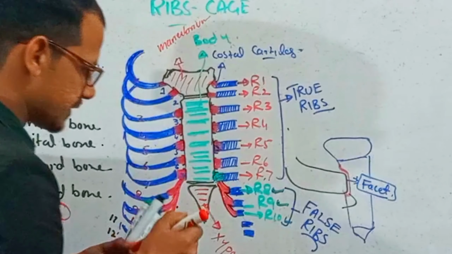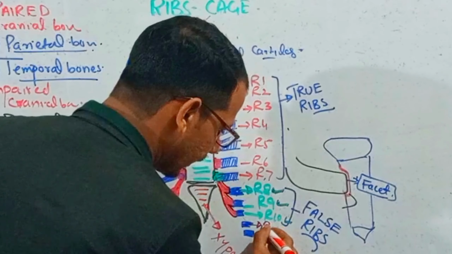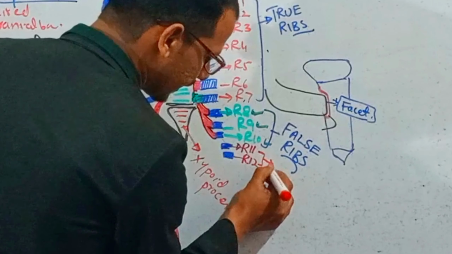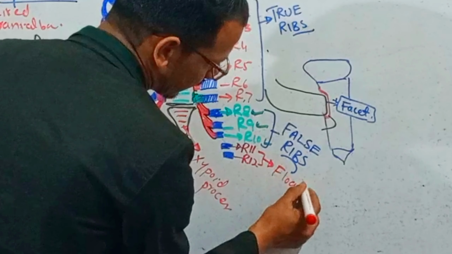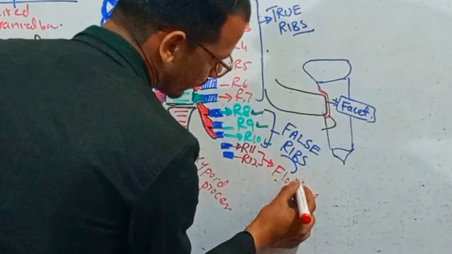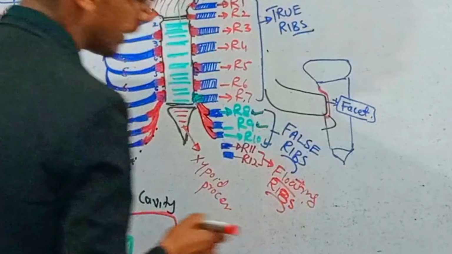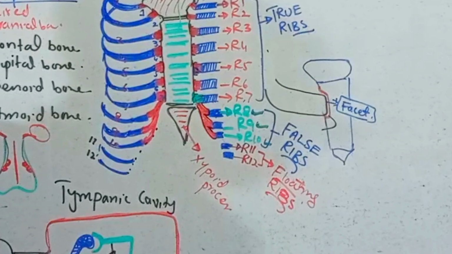For example, this is R11 and this is R12. They are blindly ending, floating freely, so they are called floating ribs, right?